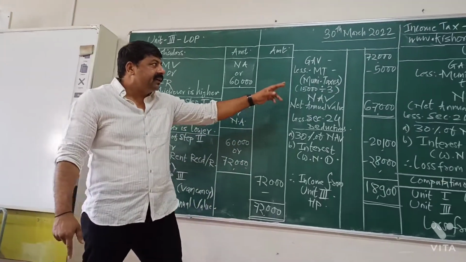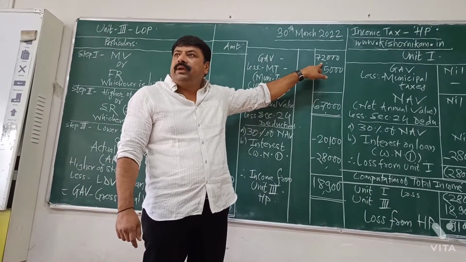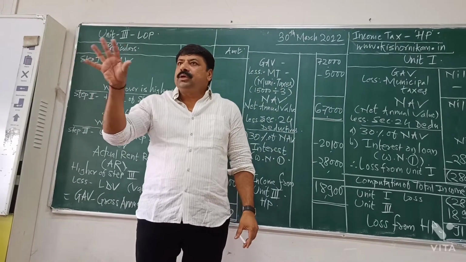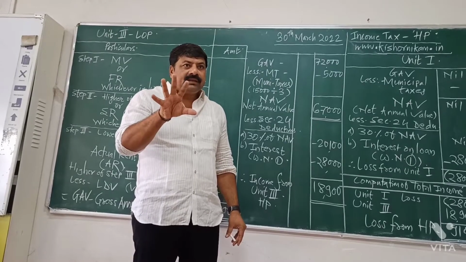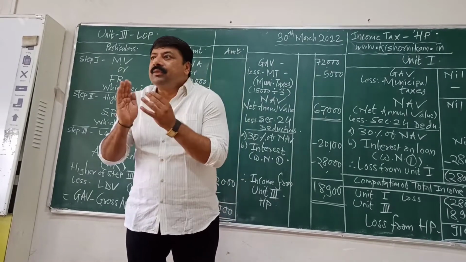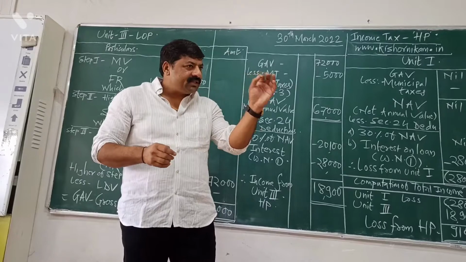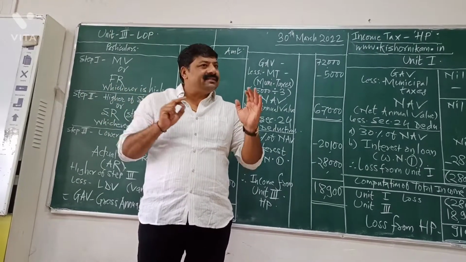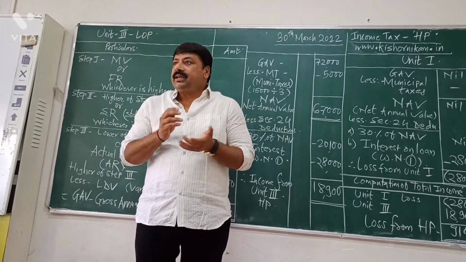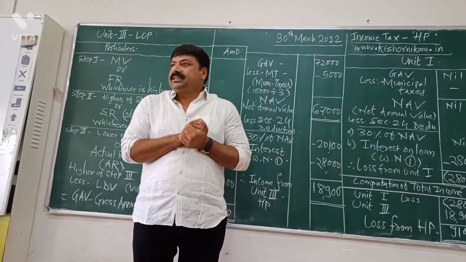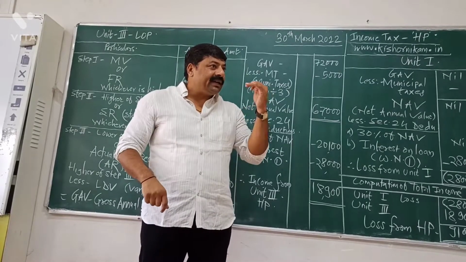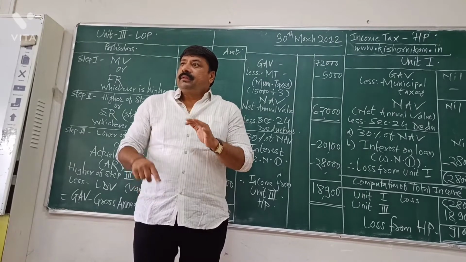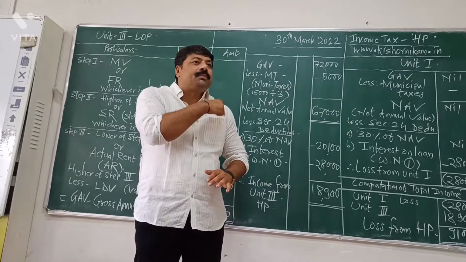The same I'll take here, 72,000 gross annual value minus municipal taxes. Now municipal taxes given are a total of 18,000, out of which it is specifically given that rupees 15,000 are paid by the assessee. I told you, section 24 deductions, other deductions also. Municipal taxes are deductible if those taxes are actually paid by the assessee from pocket.